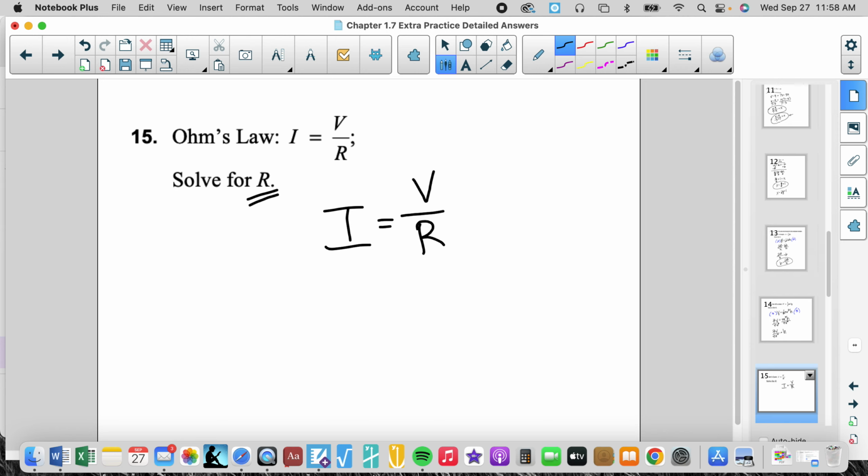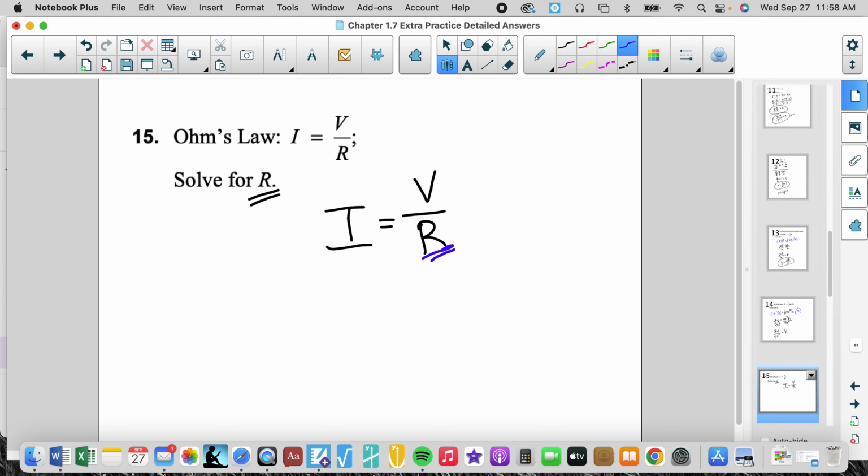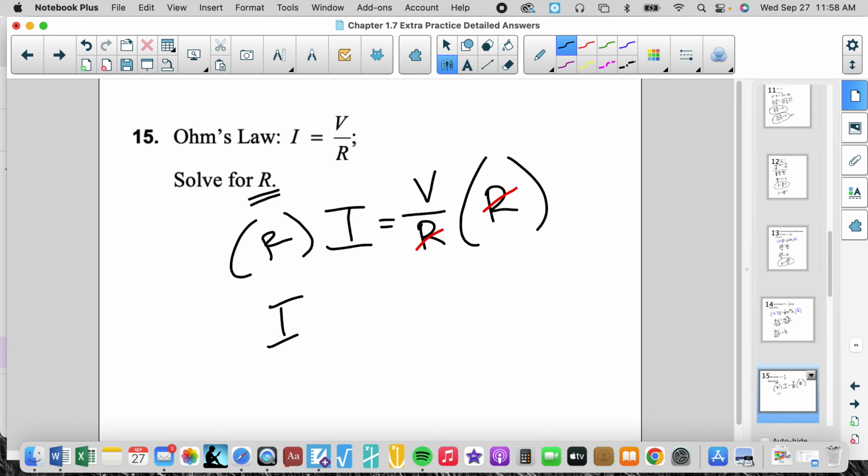What's crazy about this is that it's in the denominator. So how do we get it out of the denominator? There's a couple ways. We can multiply by R. That would get rid of it, and R in the denominator and R in the numerator would cancel out. So that gets my R into the numerator.